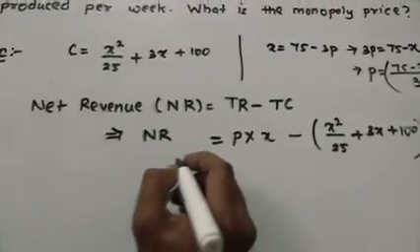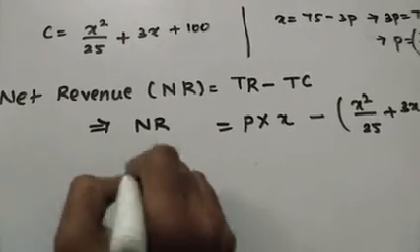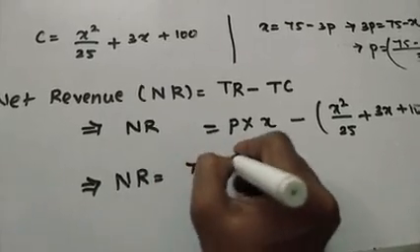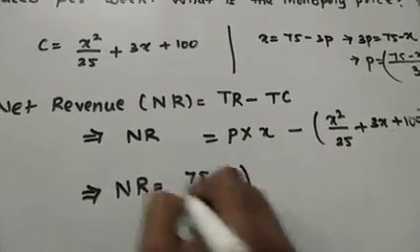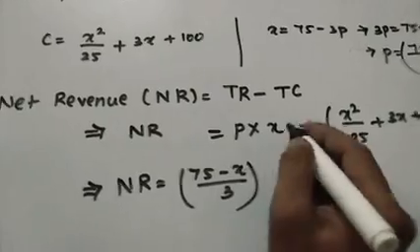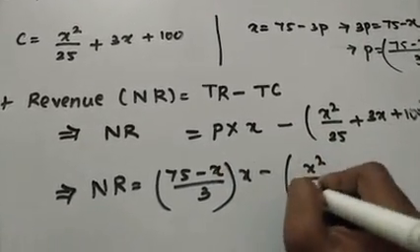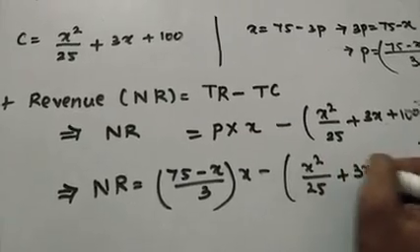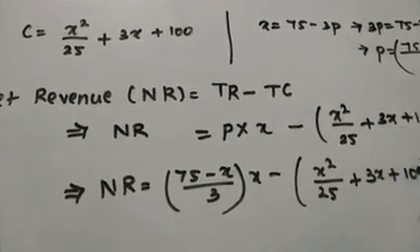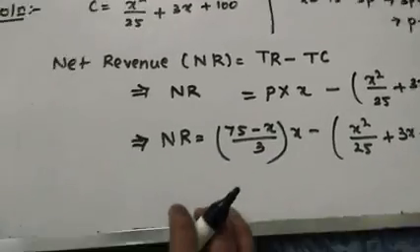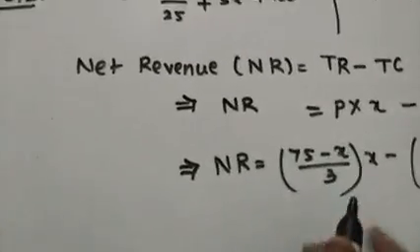Now putting that P value, net revenue equals (75 minus X) by 3, that is P, into X, minus x square by 25 plus 3X plus 100. Now further simplifying, that means just multiplying them, we will get.